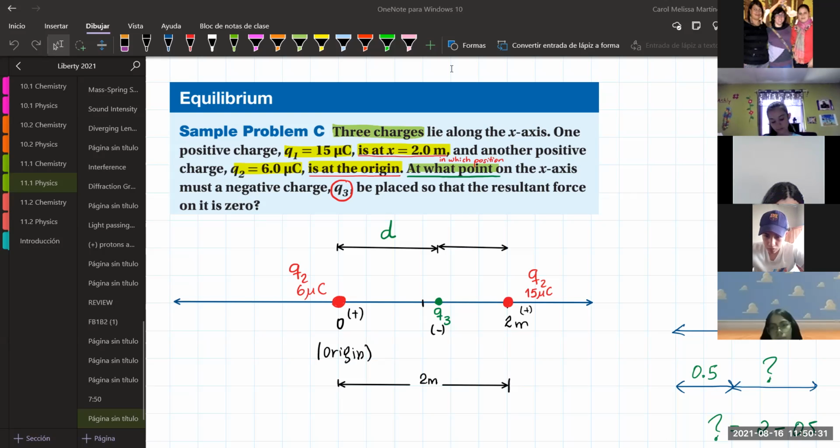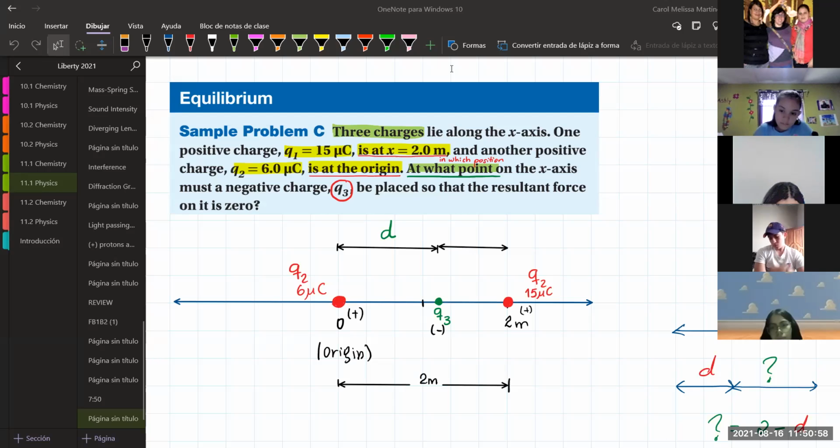Now, imagine that instead of 0.5, I have a letter D. So how can we get that distance? Instead of 0.5, I have D. So the formula is not 2 minus 0.5. Now it has changed to 2 minus D. This is the exact situation that we have in this problem.